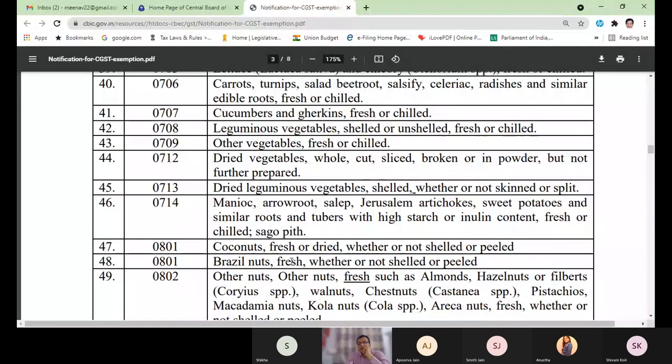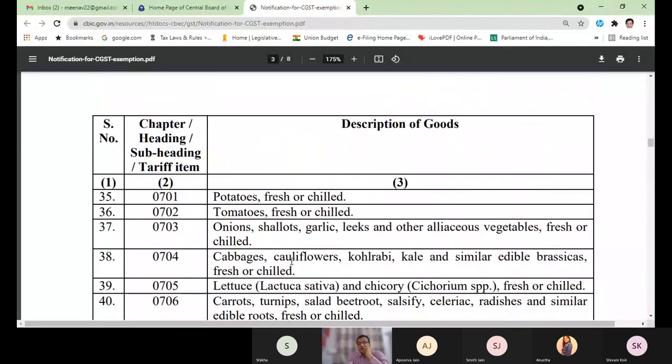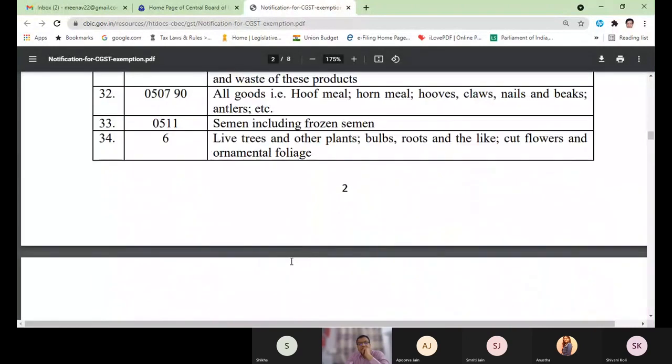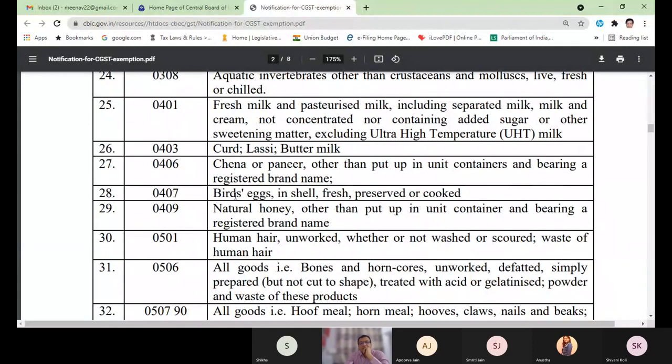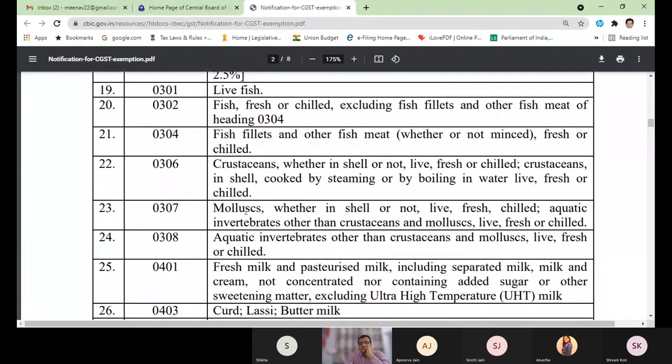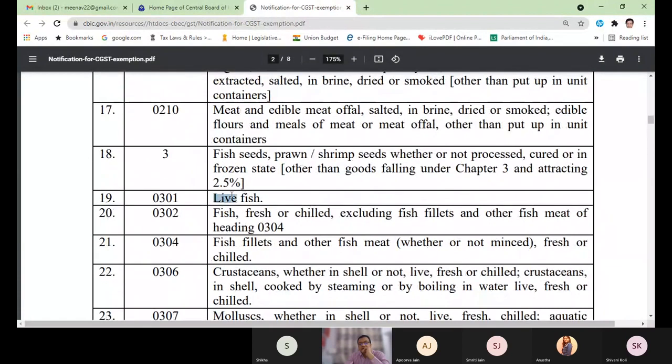Bananas, dried vegetables, potatoes, curd, lassi, buttermilk, natural honey, live fish.